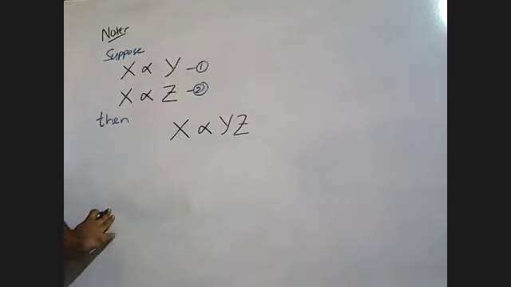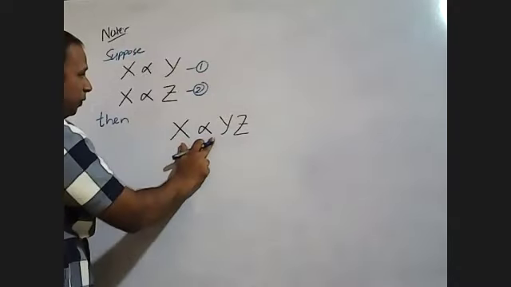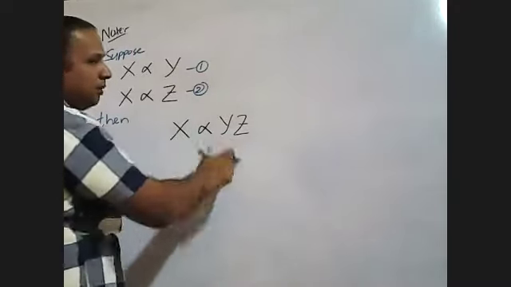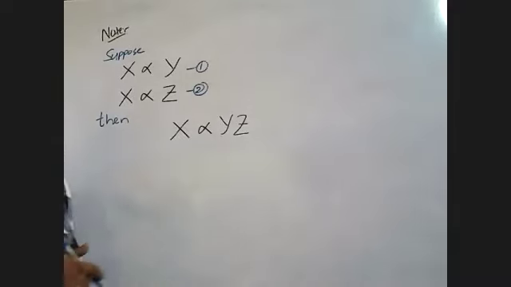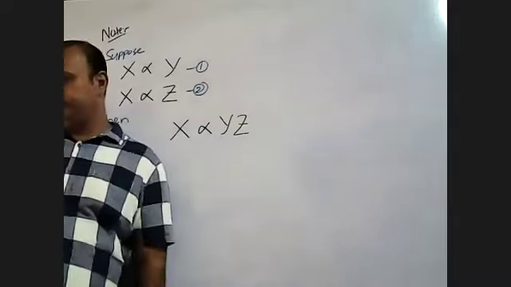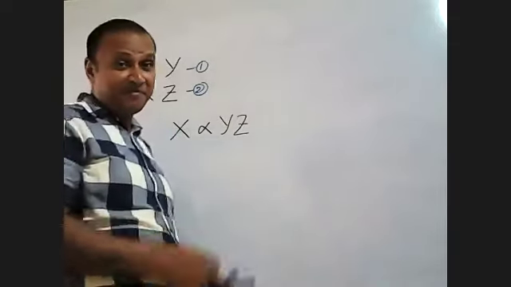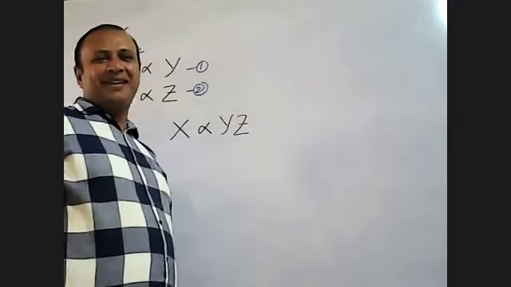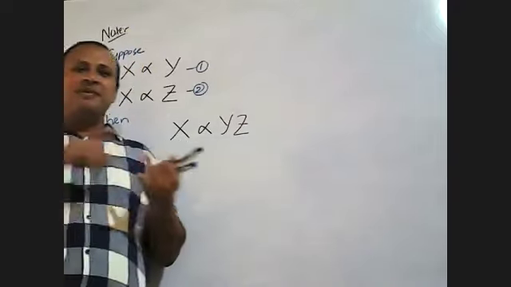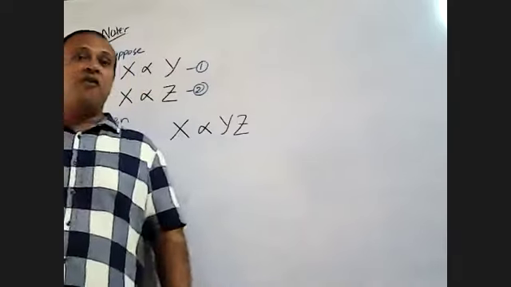Then we can say x is directly proportional to the product of these two. This is something like F equals ma. Both m and a are directly proportional to the force.